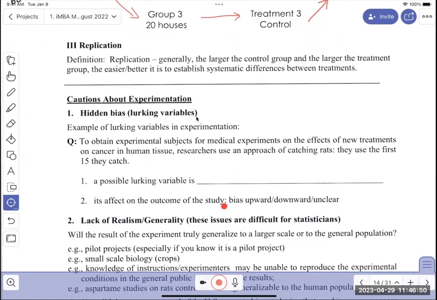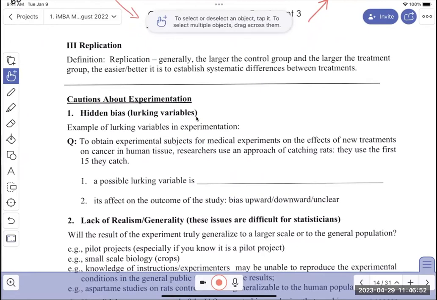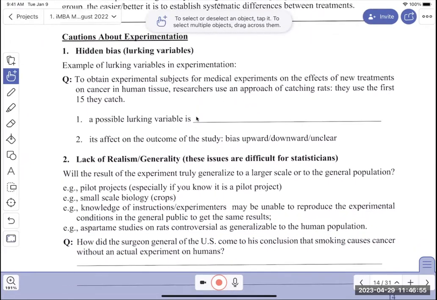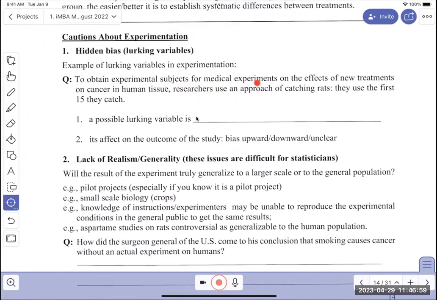All right, so some of these things I've already said about experiments and why you wouldn't want to just choose rats that are running about, because that will introduce a bias, right?